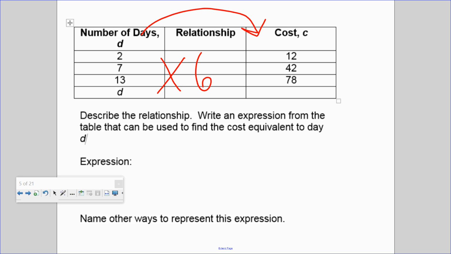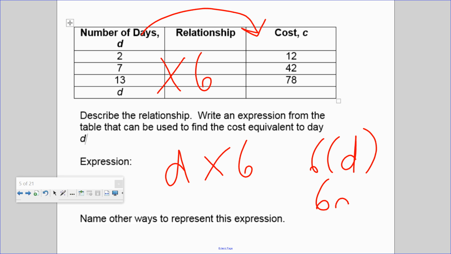If I multiply the number of days 13 by 6, I get 78. So the relationship is times 6. Write an expression from the table that can be used to find the cost given the day. So it's d times 6, or 6 times the number of days, or just 6d.